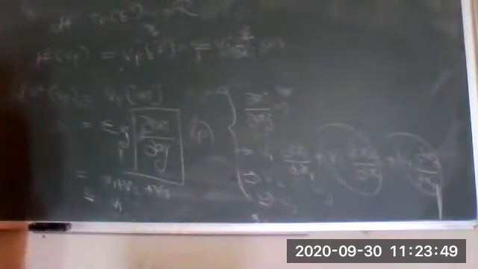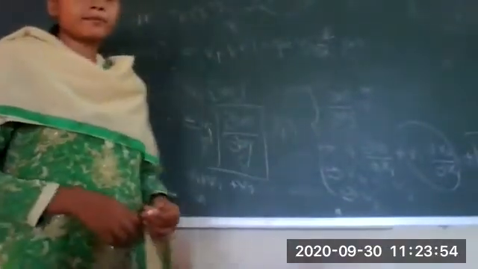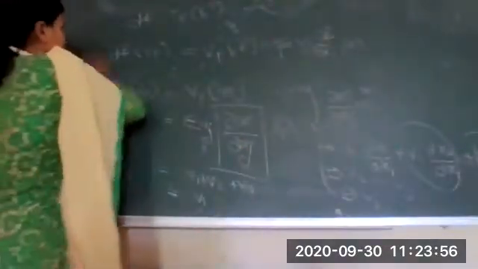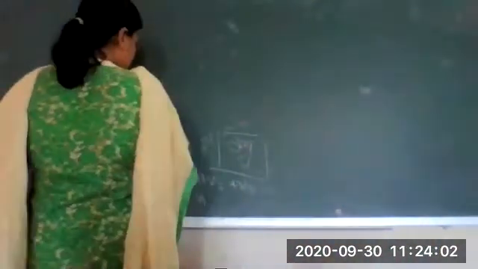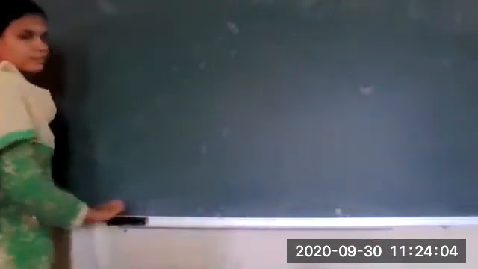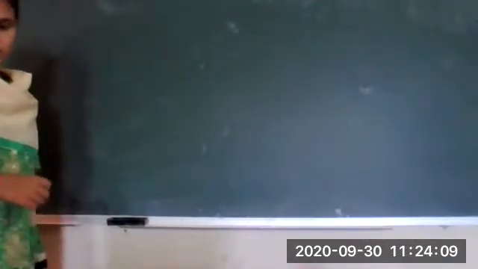Okay, so now let us evaluate one theorem. What is this theorem? What is given to us? If phi is a one form.